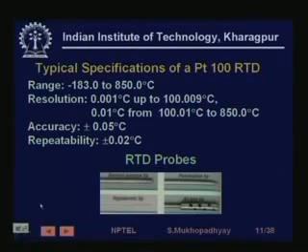Just to give you an idea, these RTD resistors are actually put inside probes, and we'll show how they are put inside probes. Various kinds of probes are available. If you want to measure the temperature of air or gas, you need to ensure that flow fluctuations do not cause temperature fluctuations.